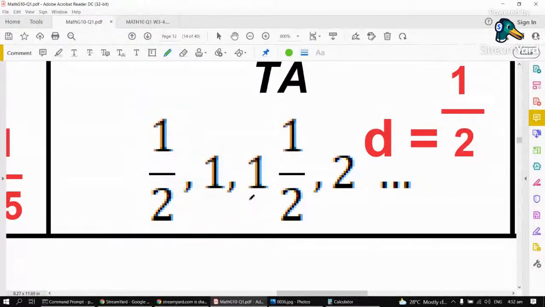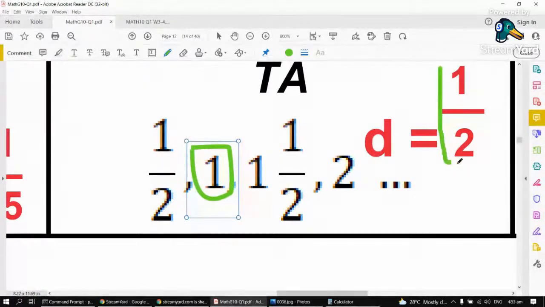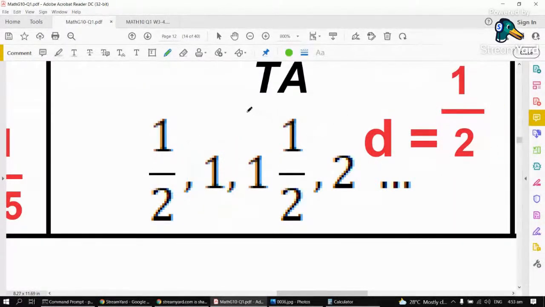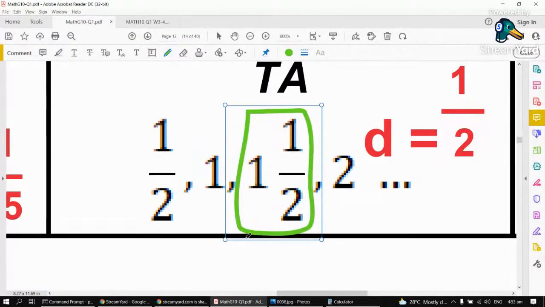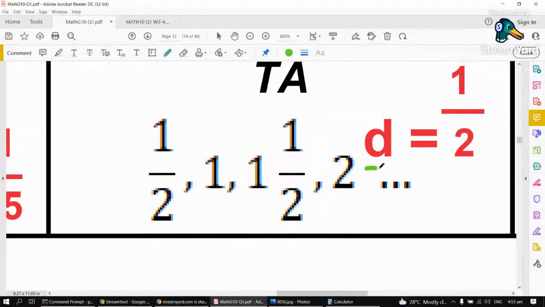Okay? And next, yung 1 plus 1/2 is 1 and 1/2. Yung isa't kalahati, 1 and 1/2. Pag dinagdagan mo ng isa pang kalahati, then meron ka ng 2. So therefore, ang common difference dito is 1/2.